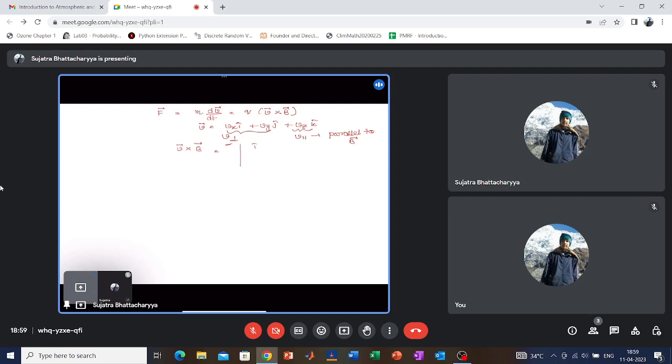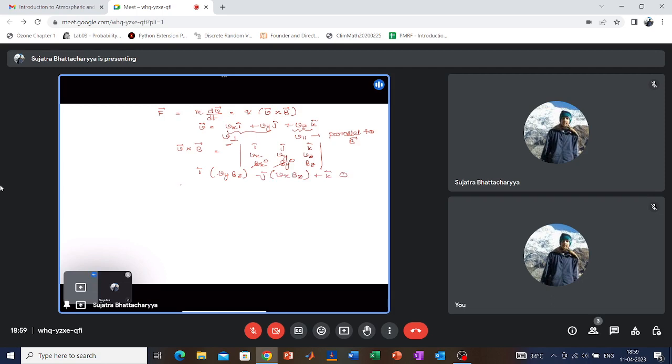So this is i, j, k, so this is Vx, Vy, Vz, Bx, By, Bz, right? So Bx is 0, By is 0, only Bz remains. Therefore I can write i cap Vy Bz, it's 0, minus j cap Vx Bz minus 0, plus k cap completely 0.